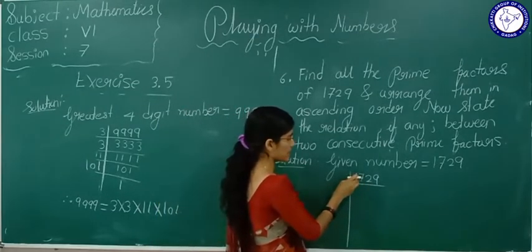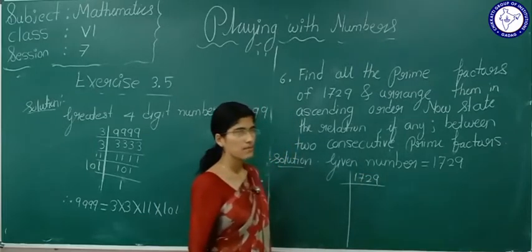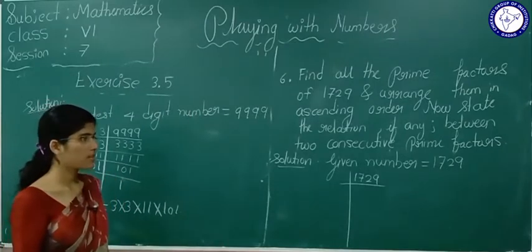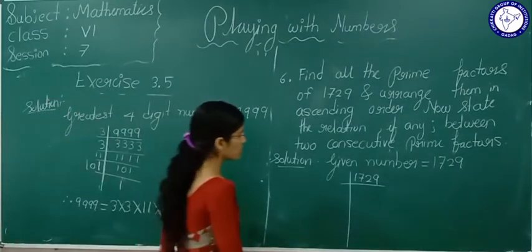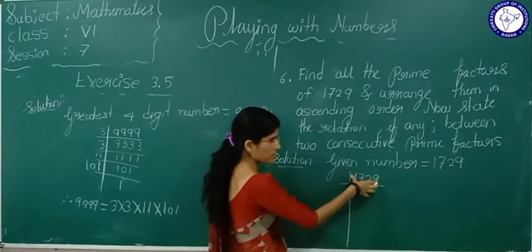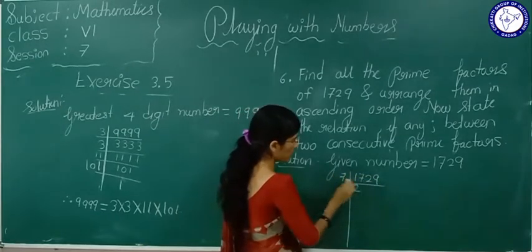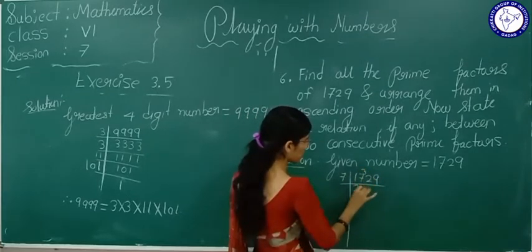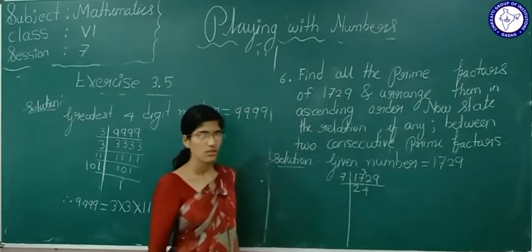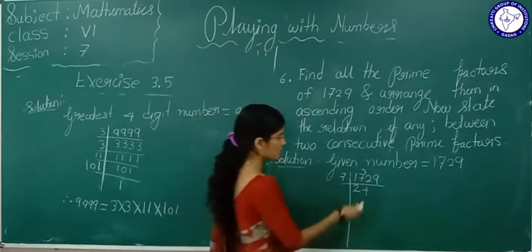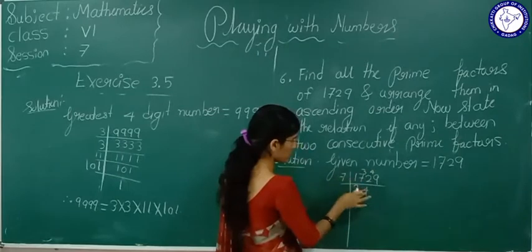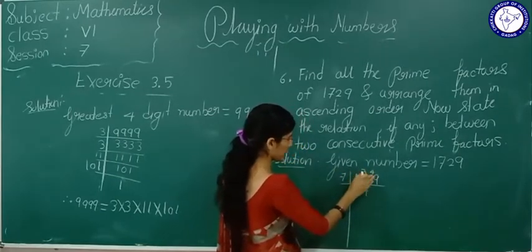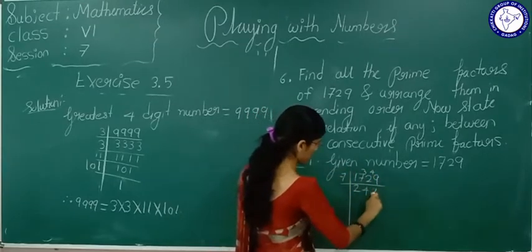Now see here, 7 plus 1 is 8, 8 plus 2 is 10, 10 plus 9 is 19. Definitely this number is not divisible by 3. See here, 7 is a prime factor of this. 7 twos are 14, 3 will remain. 7 fours are 28, 4 will remain, 32 minus 28 is 4. 7 sevens are 49.